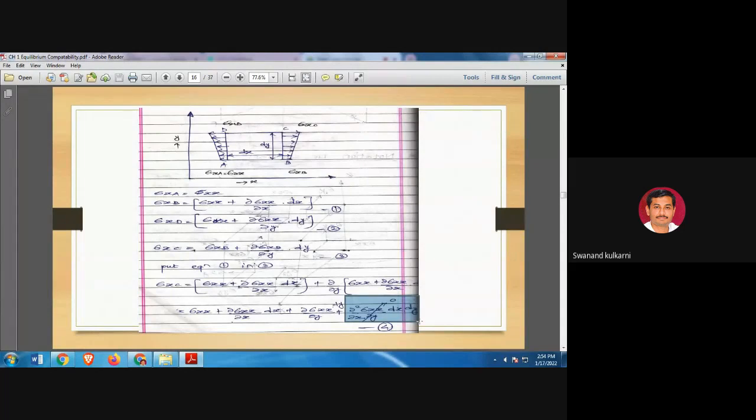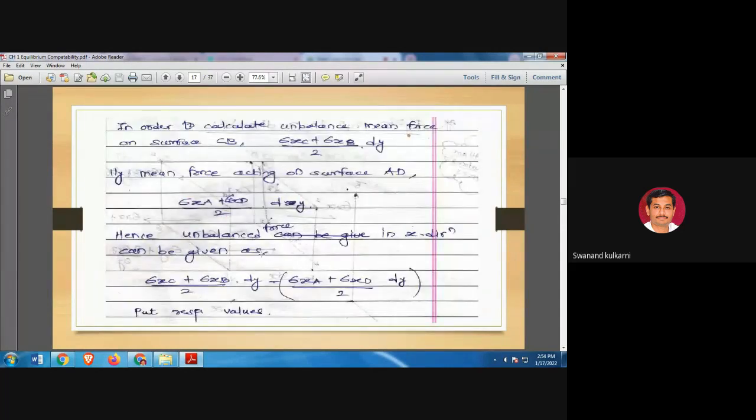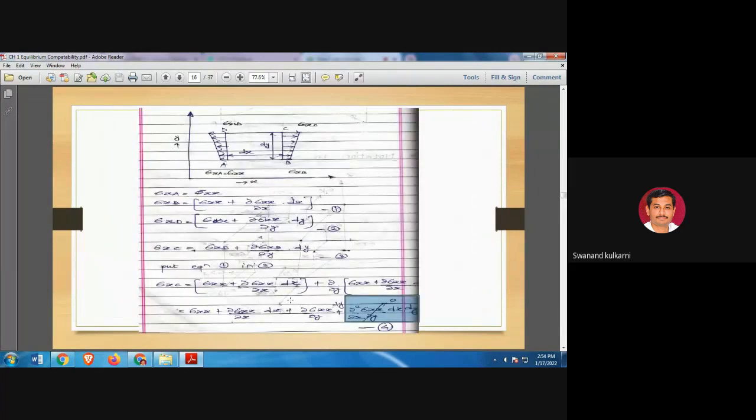Is it okay? So neglecting this higher order term, what are we getting? We are getting that this sigma xc is nothing but sigma xx plus dou sigma xx upon dou x dx plus dou sigma xx upon dou y dy. Is it okay? So this particular term we get, and this higher order term is neglected here. Is it okay?